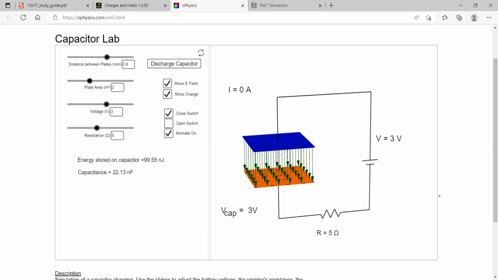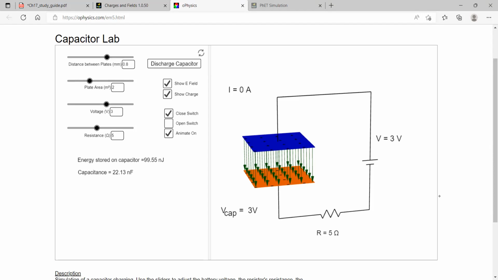So when you connect a capacitor with the battery, the capacitor is charged. The side connected with the positive terminal of the battery is charged with positive charge, and the other side with negative charge, and in between you see the electric field lines. Electric field lines go from the positive to the negative.